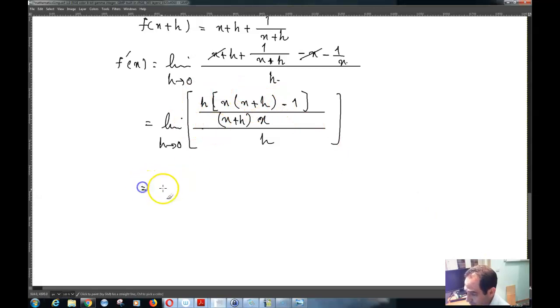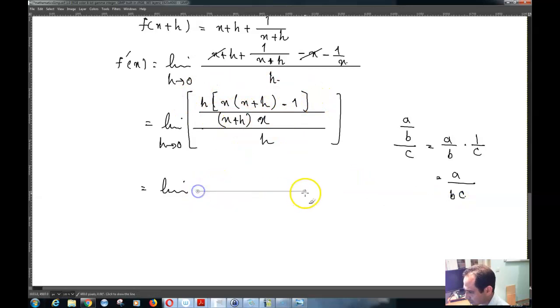So now what I can do is that I can write this as the limit of, again, if I take this as a divided by b and divide that by c, I can write this as a divided by b times c, times 1 divided by c, the reciprocal of this, which is the same thing as a over b times c, meaning that you write this in the numerator.